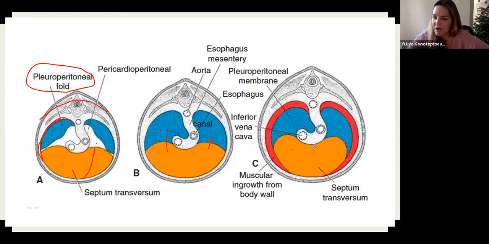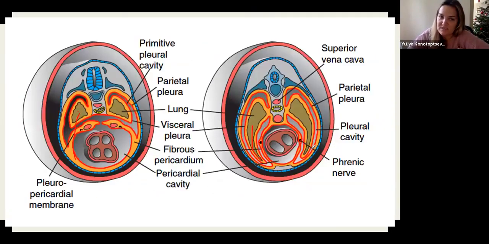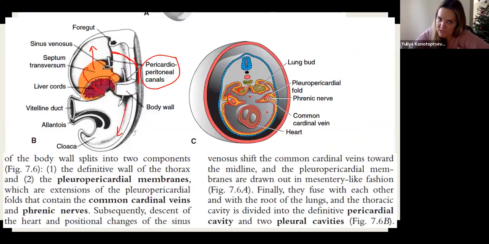Nobody knows why, okay, but there is a theory that this septum transversum that you see here, in embryo, is higher. It's not at the level of your diaphragm, okay? It's a bit higher. So this is why C3, C5 migrate here and give rise to the skeletal muscle of the diaphragm.